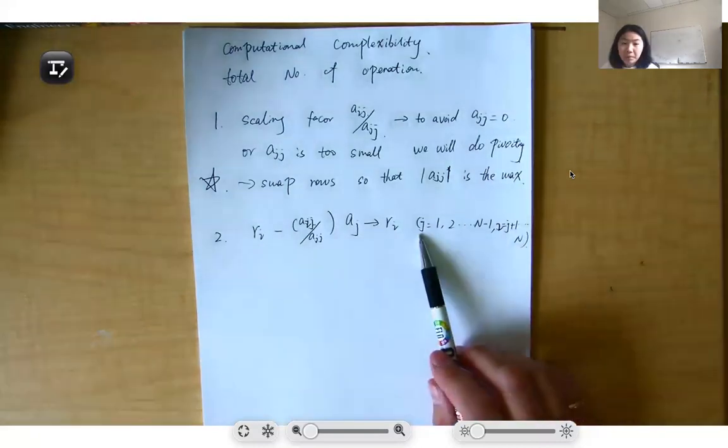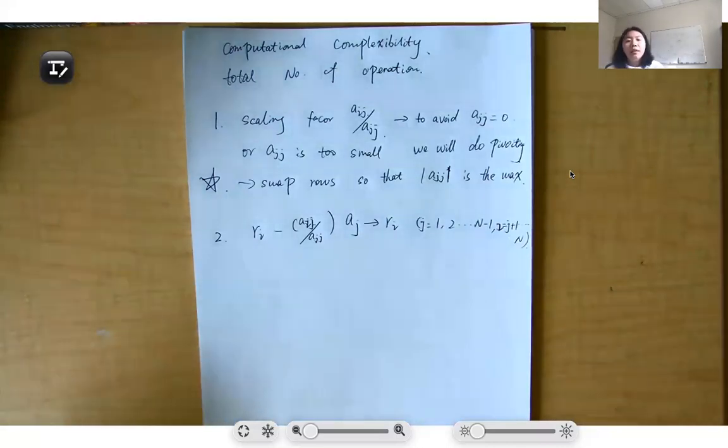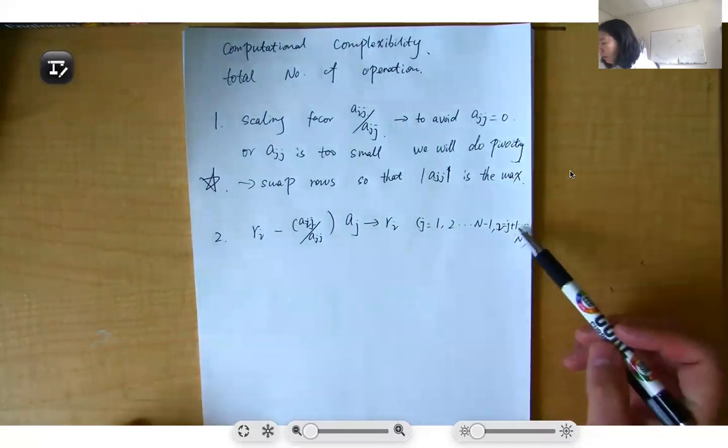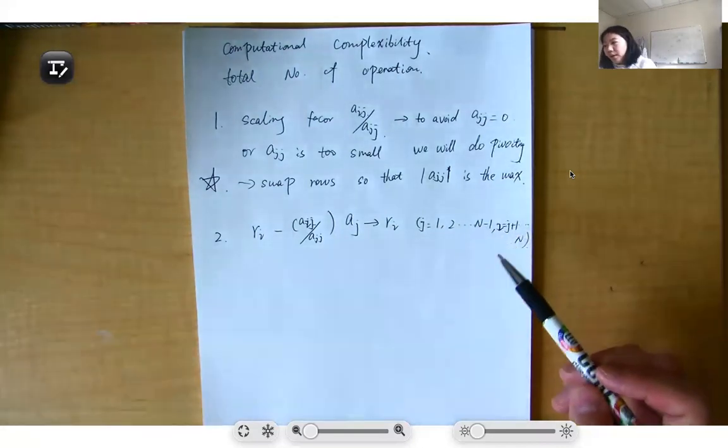So j represents the column: you scan from the first column, second column, until column n minus 1. Then row i will go from j plus 1 until the nth row.